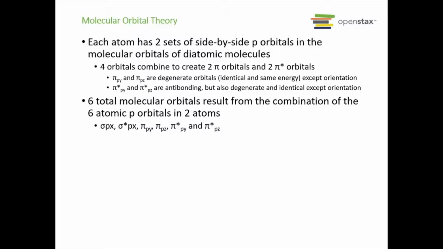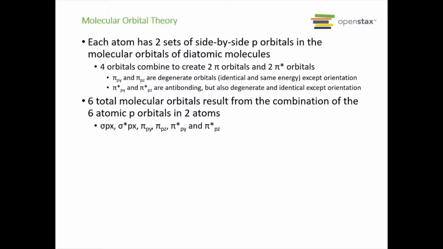So each atom has two sets of side-by-side p orbitals in the molecular orbitals of diatomic molecules. So when you have four orbitals, these are going to combine to form two pi orbitals and two pi star orbitals. So you get like a pi py and a pi pz orbital, and these are degenerate.